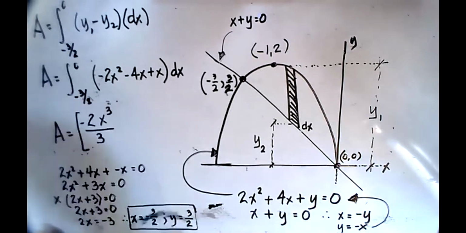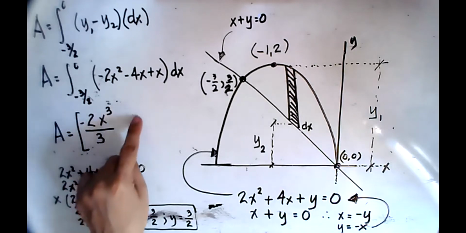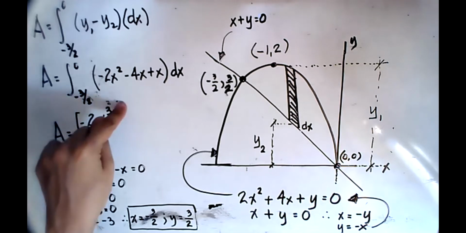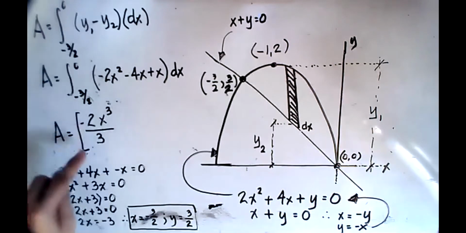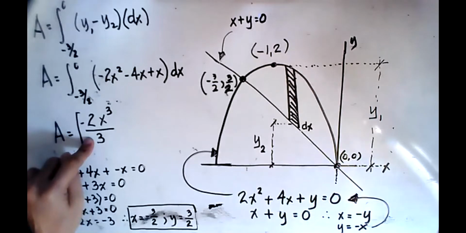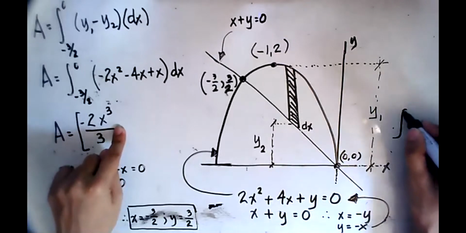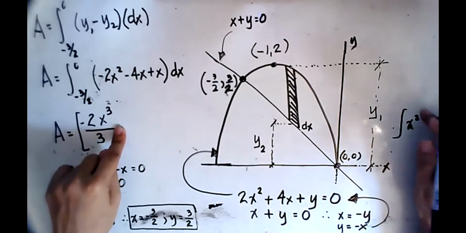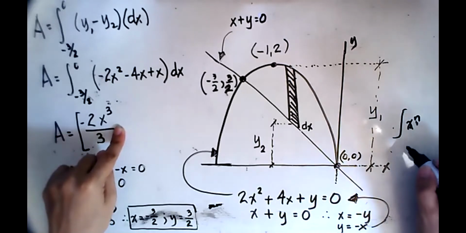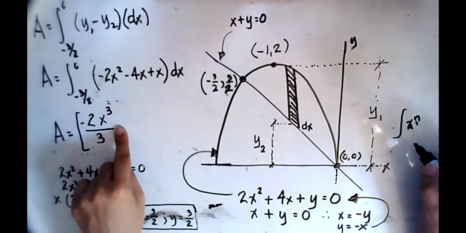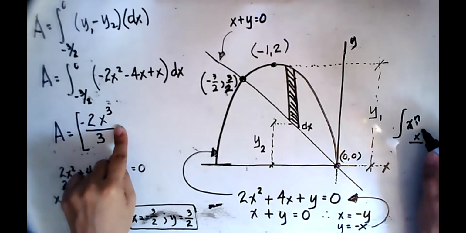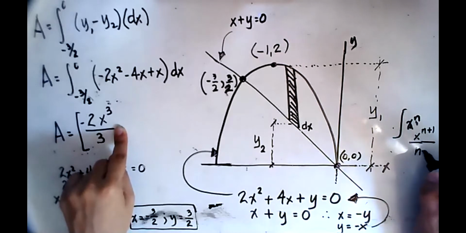Got it? What you told me earlier was d/dx, that's differential. We make the exponent plus 1, bring it down, and add 1 to the exponent. Here, we did the integral. Say for example, the integral of x to the n is x to the n plus 1 over n plus 1.